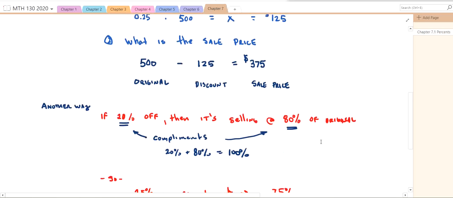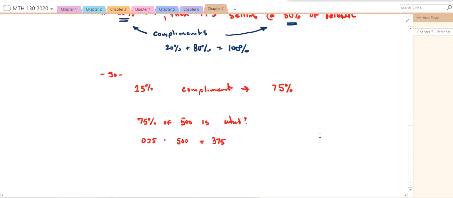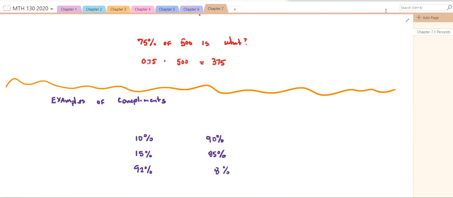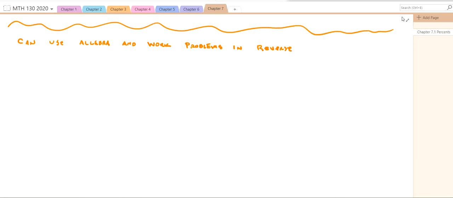Just like it did above. So you get the same exact answer. Here's a couple more examples of complements. 10% and 90%. You add these together, you get 100%, 15% and 85%, and 92% and 8%. So any two numbers that if you add together, you get 100% are complements of each other.